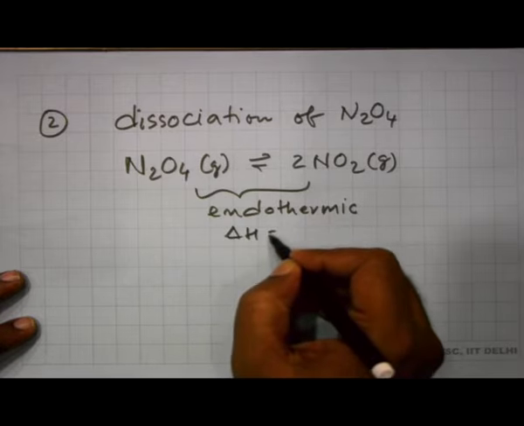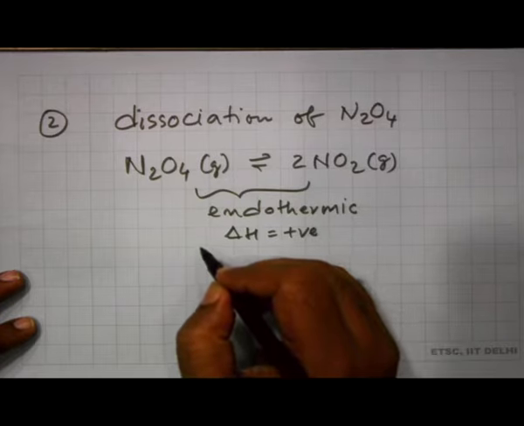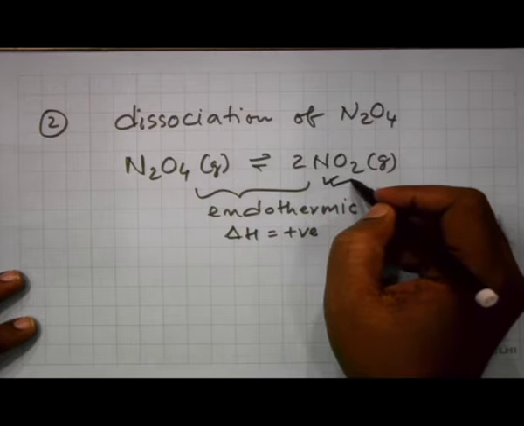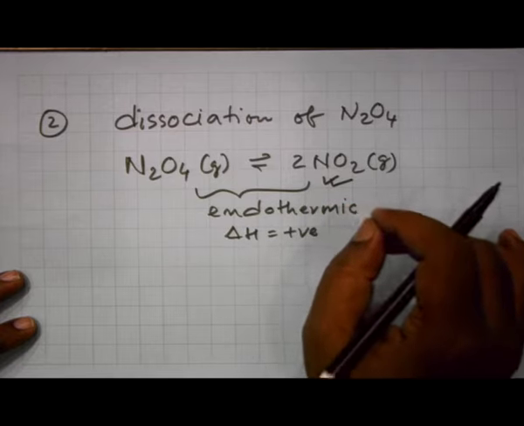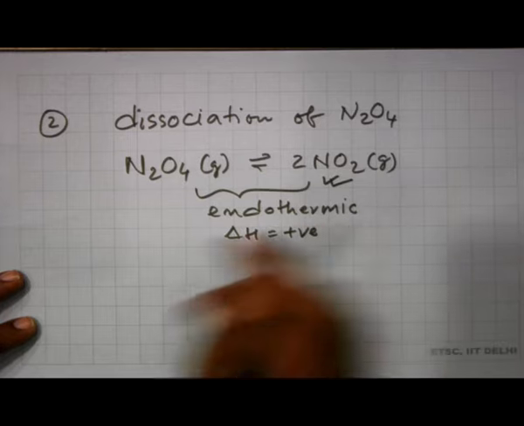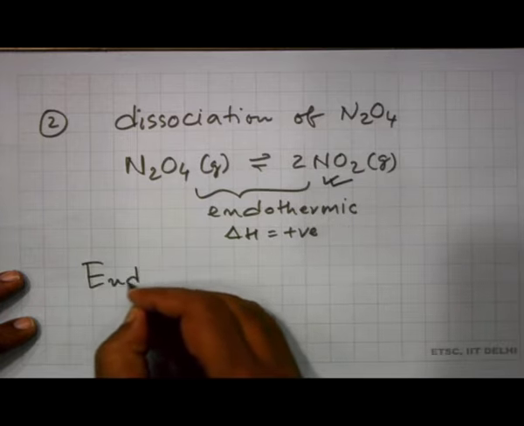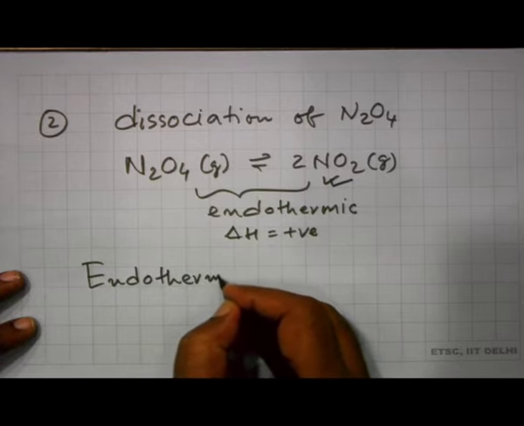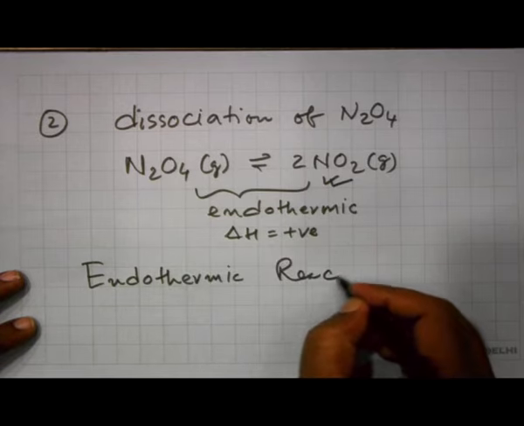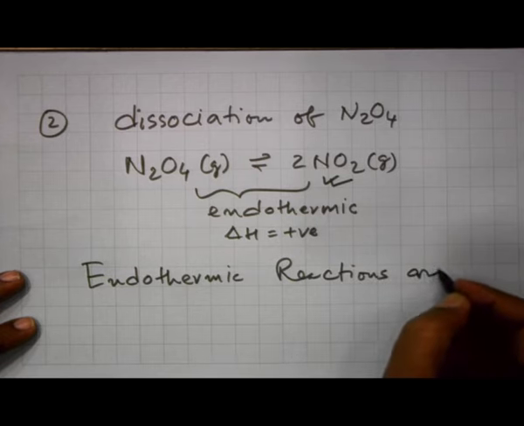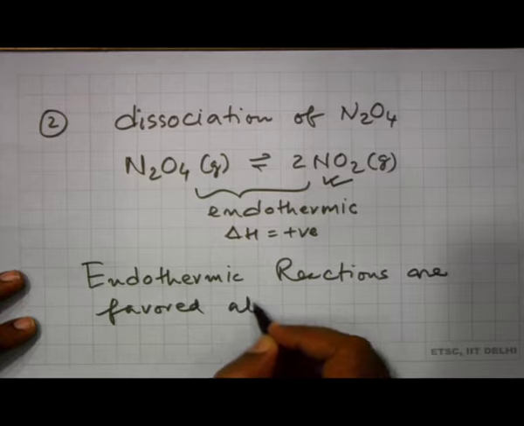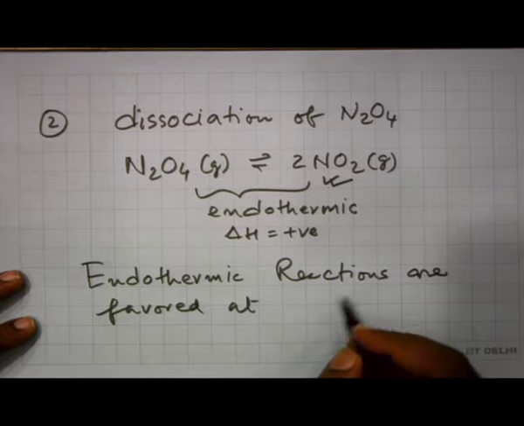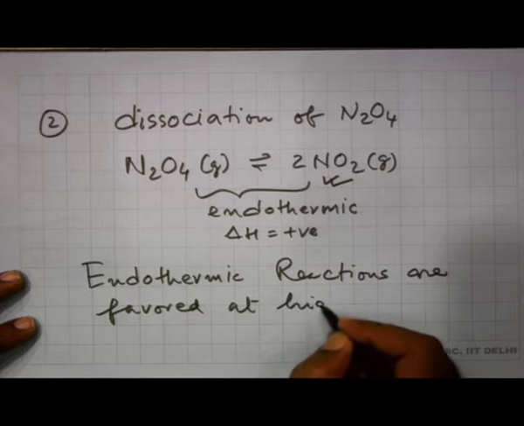Delta H is positive. So, if we want more dissociation, we have to increase the temperature, because endothermic reactions are favored at high temperature.